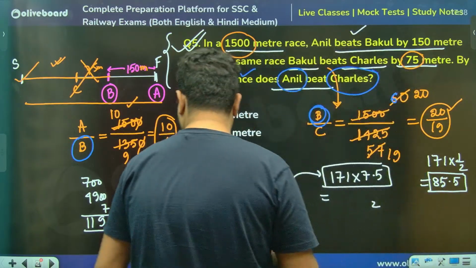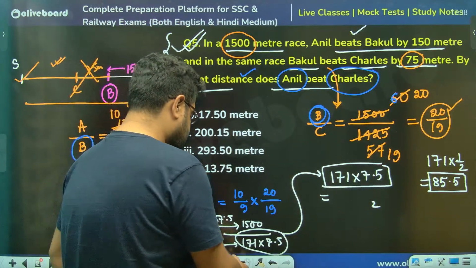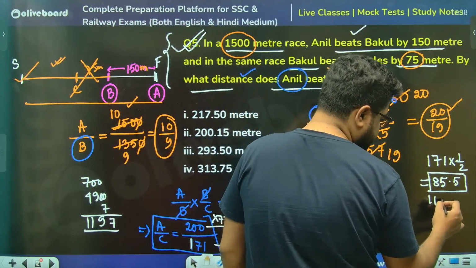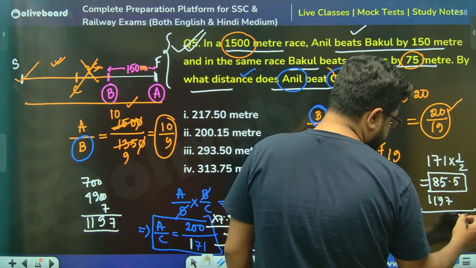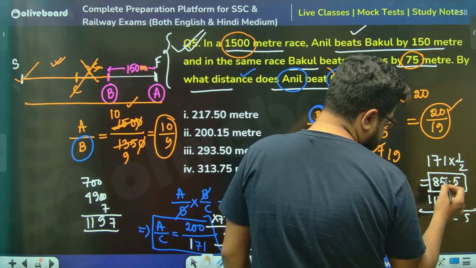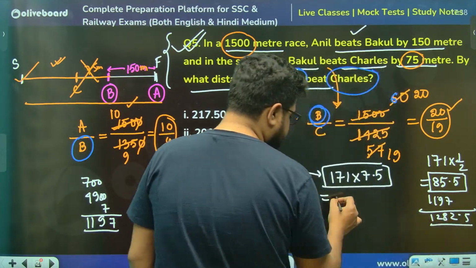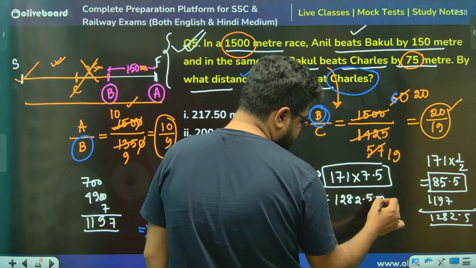Correct, sir? So total will be 1197 plus 85.5. So ये आएगा 1282.5 meters.